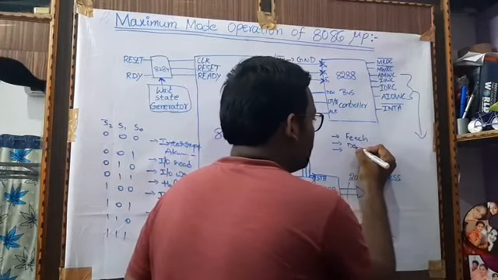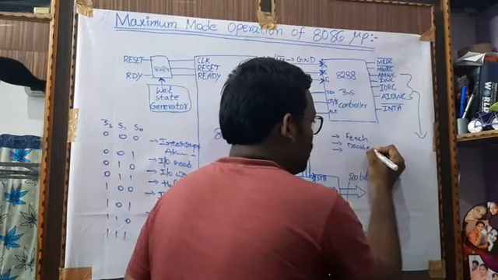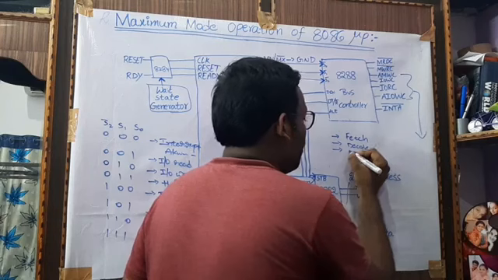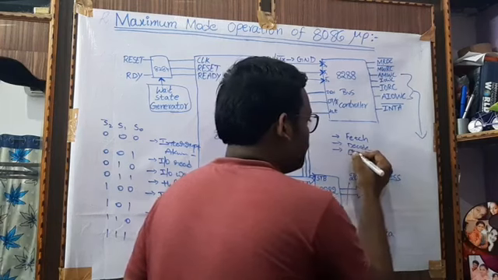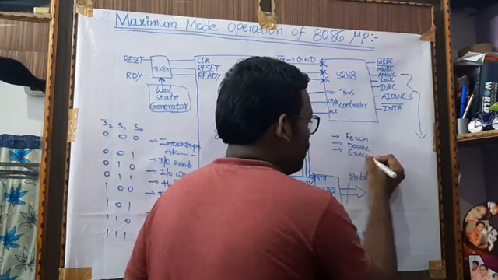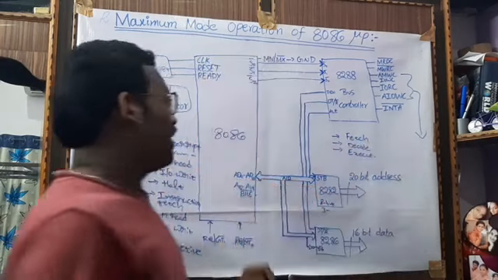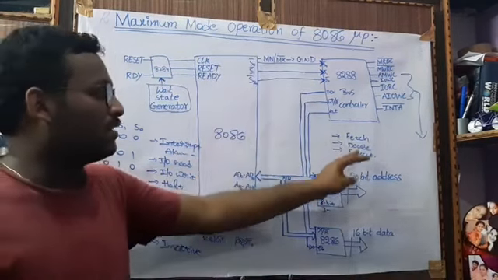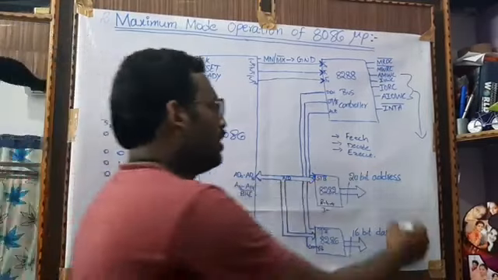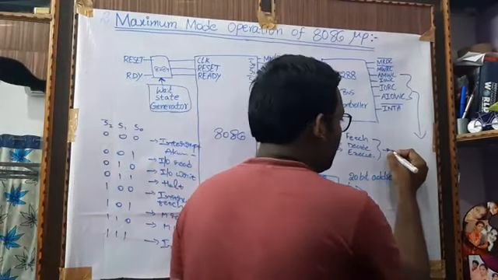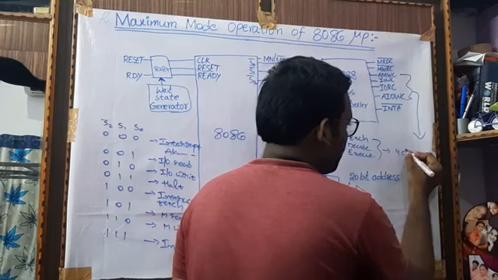Decode. Next one is execute. So the microprocessor will do all these 3 steps in 4 clock cycles.